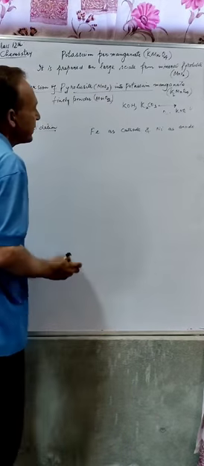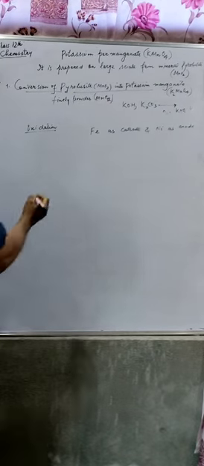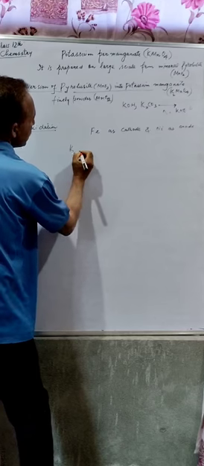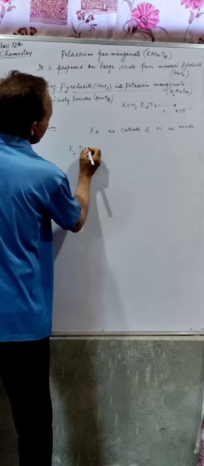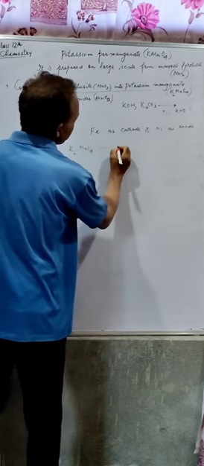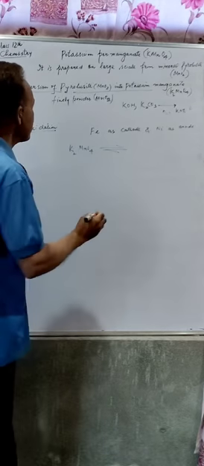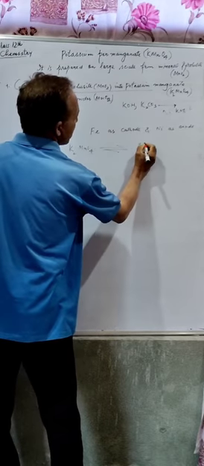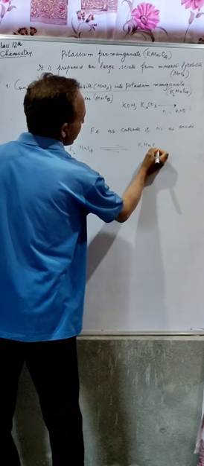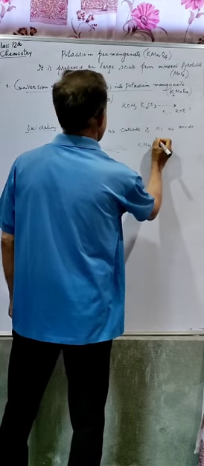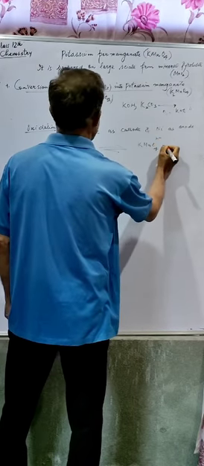During electrolysis, K2MnO4 forms KMnO4 plus K positive.